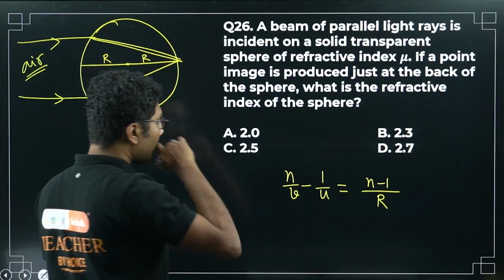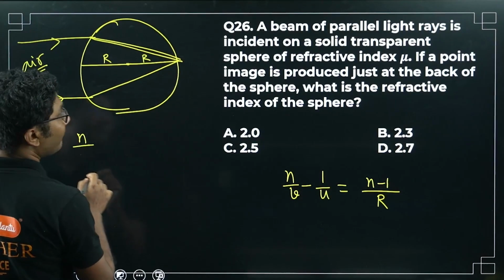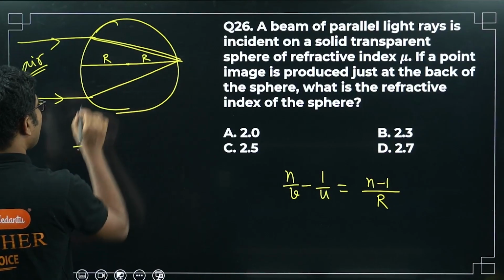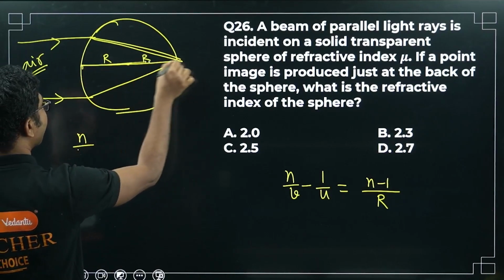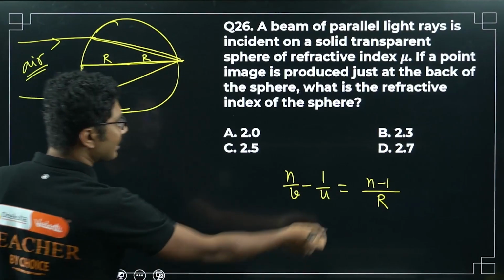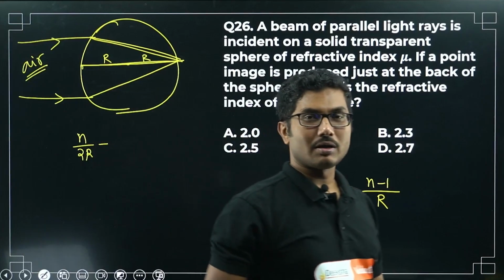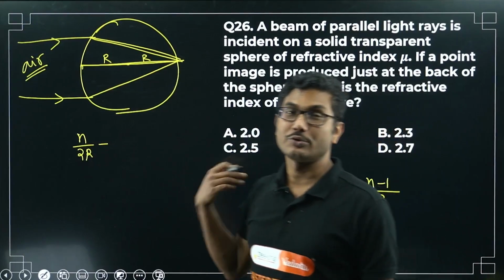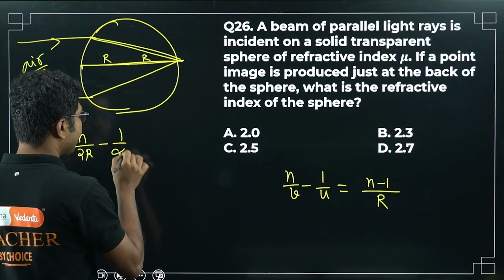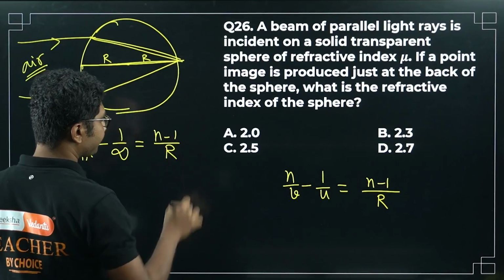Now let's find the values. Here v is 2r. This is the entry point, this is the v, so v is 2r, minus 1 by u. What is u? Parallel rays are falling on the glass sphere, so the object is at infinity definitely, so it will be 1 by infinity, equals n minus 1 by r.